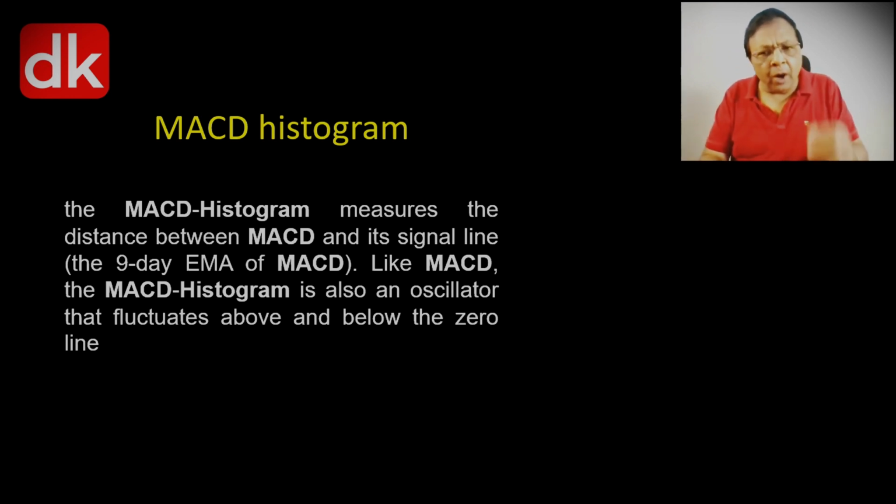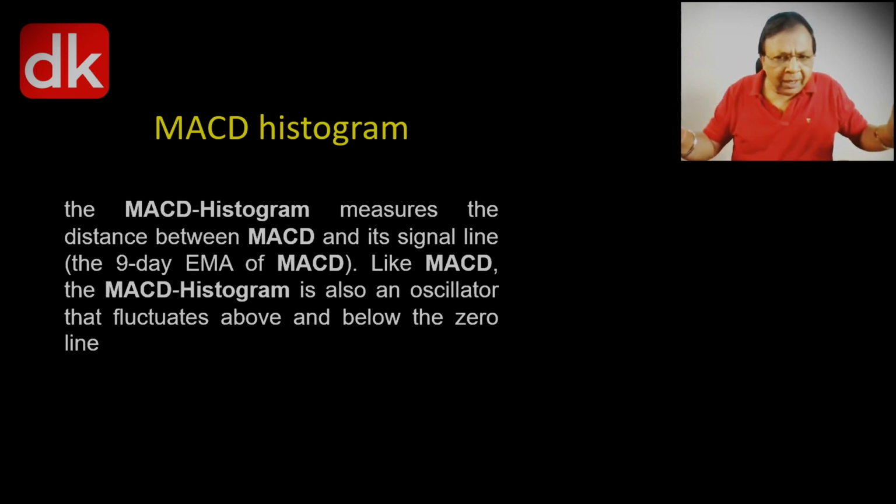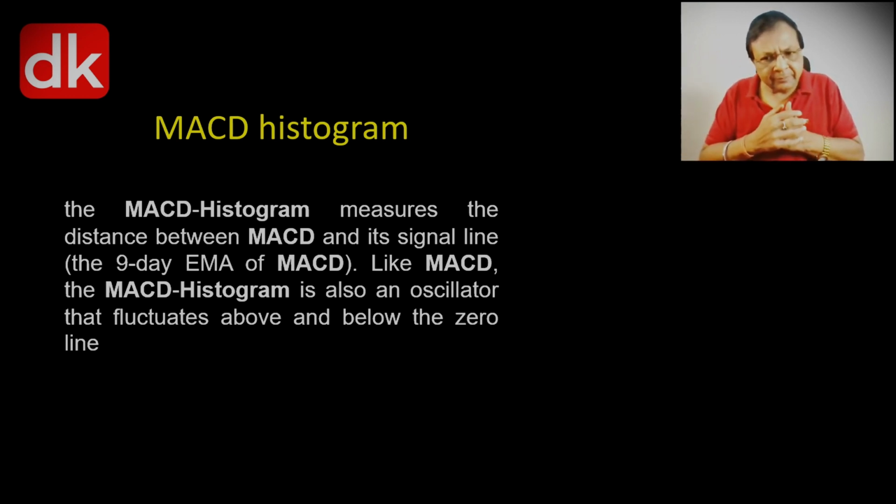Because if the value of MACD is negative, when EMA 12 is below EMA 26, it will have a negative value, and all the histogram bars shall be plotted below the zero line. The only thing is, the size of the histogram will depend upon the gap between the MACD line and signal line. It is that simple.